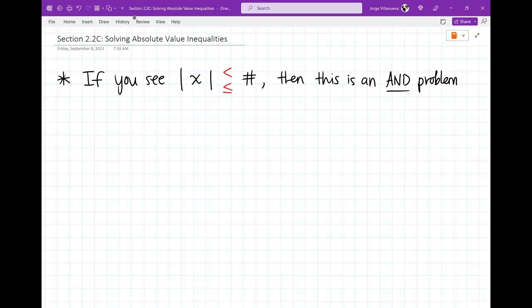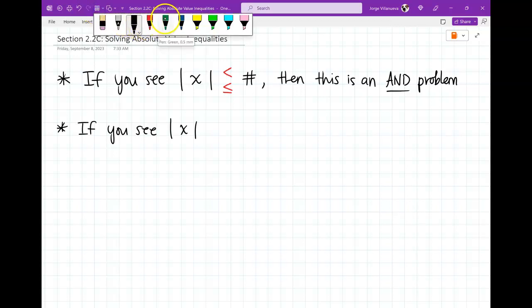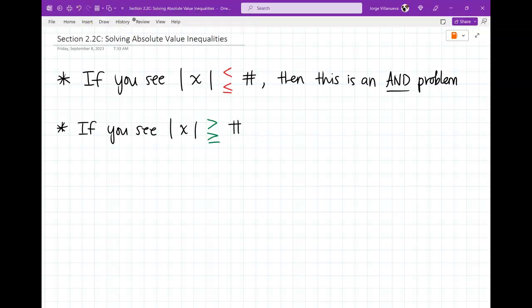Okay? So here's the other part. If you see the absolute value of x, but these things are pointing in the other direction, then this is an OR problem.